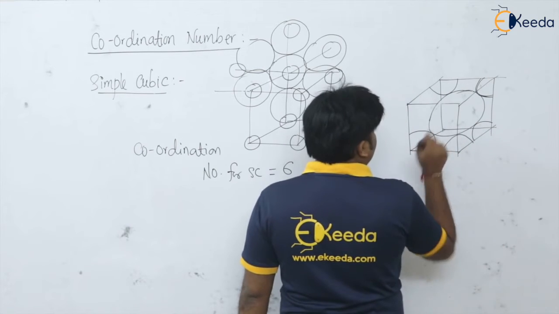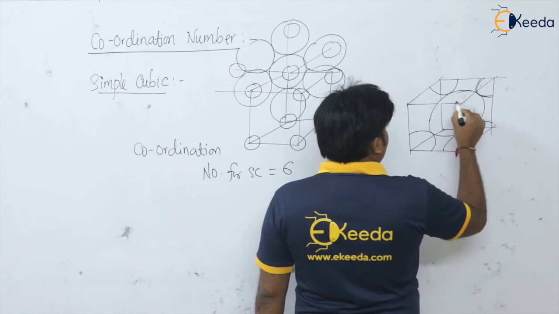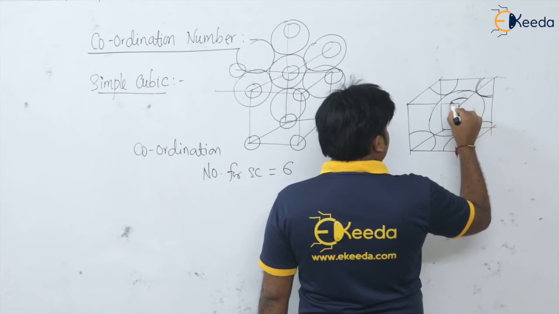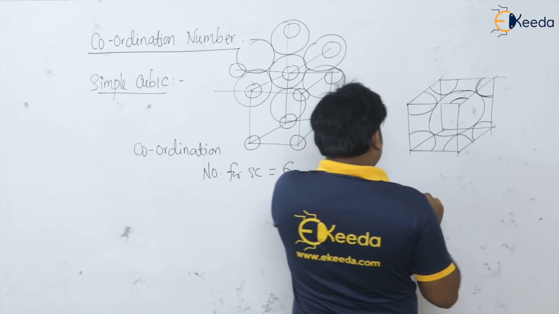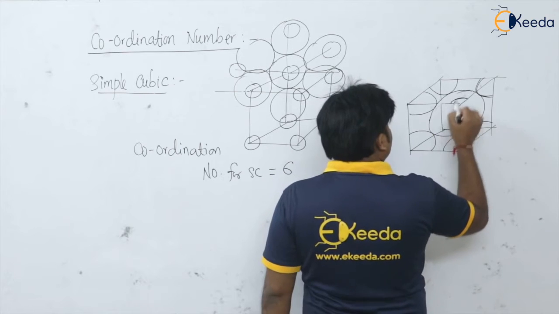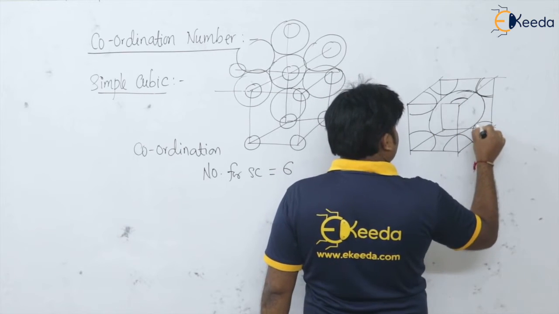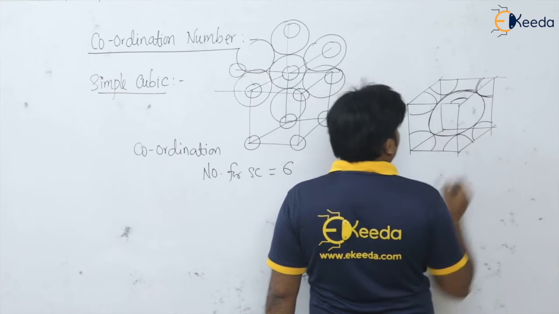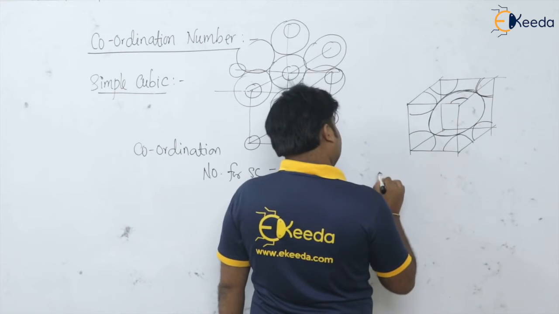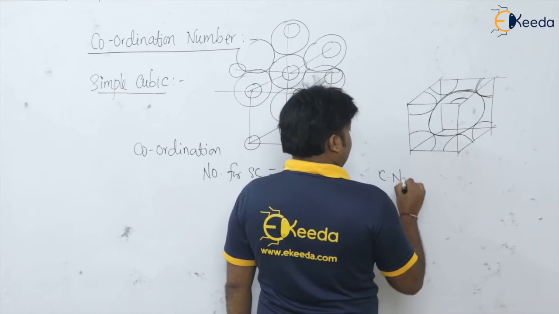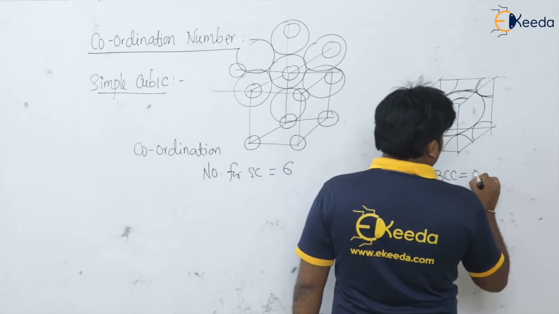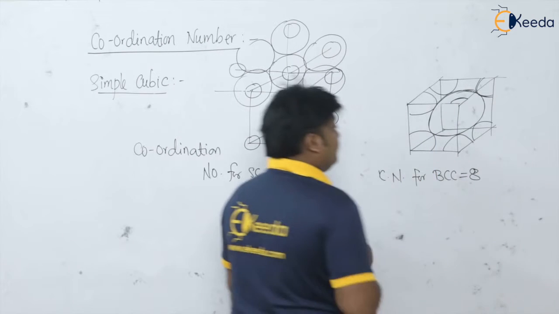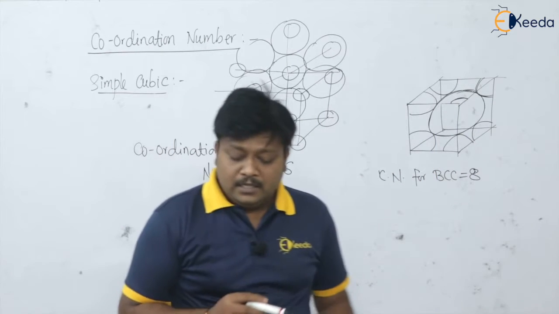And one is at the back. Okay. So one you can show here. So like that, the coordination number for this body centered cubic structure is how much? 8. The coordination number for BCC is equal to how much? It is 8.